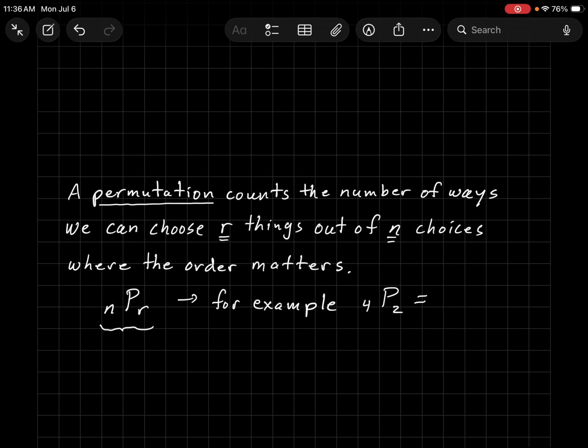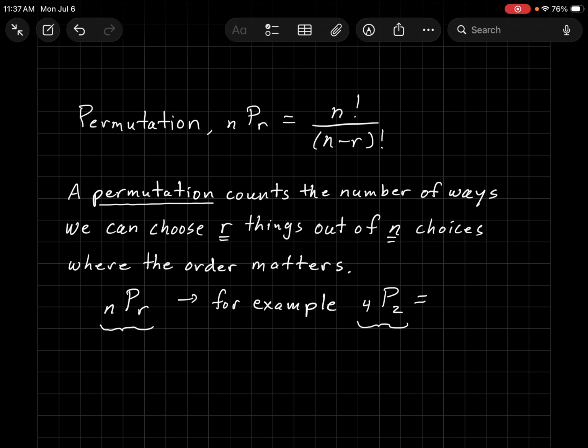An example that we're going to do in just a bit is 4P2, where I have 4 things and I would choose 2 out of them. But the formula for a permutation, and once again, the permutation is counting how many different ways we can do something, in this case choose r things out of n choices, is nPr equals n factorial over n minus r factorial.